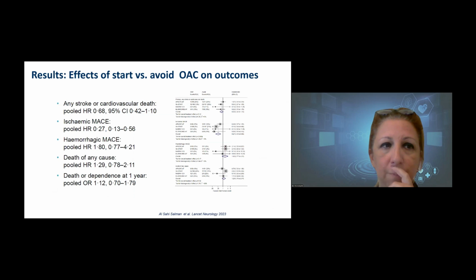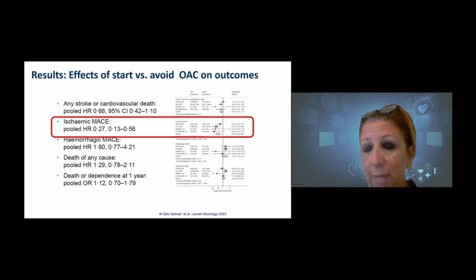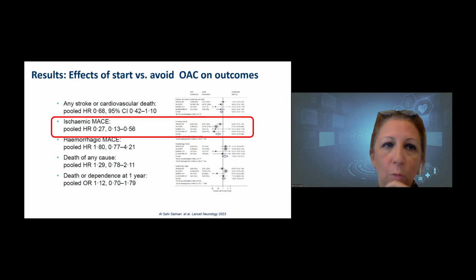Here you can see the pooled analysis. As you can see, OAC resumption reduced by 73% the ischemic major cardiovascular events, a significant reduction, without significantly increasing the hemorrhagic major cardiovascular events, which were defined as intracranial hemorrhage and major extracranial bleeding.